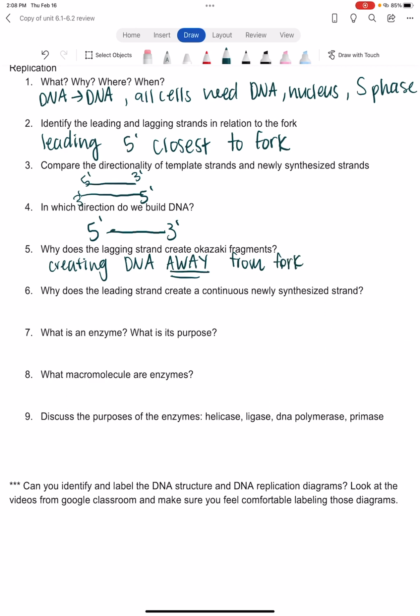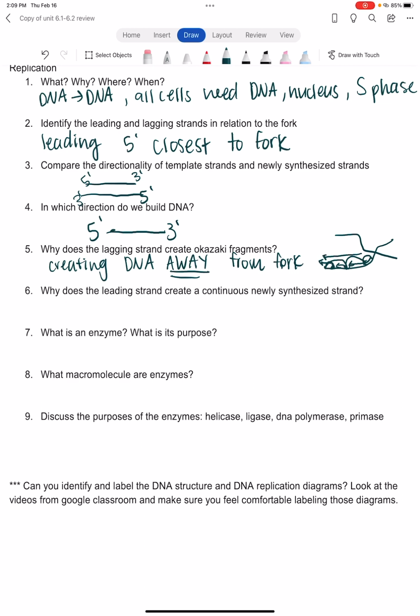Thus, our lagging strand is going to have to jump. So essentially what's happening is we are replicating this way. So we run out of room, so we're replicating, boom, and then now we have to jump forward, and then we replicate, and then we boom, jump forward, replicate. So it's because we are growing in the opposite direction the DNA is growing.